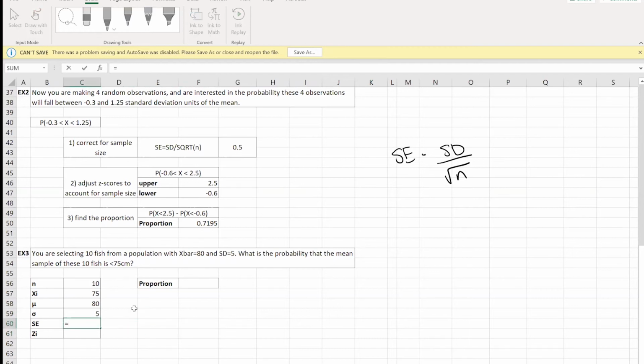Calculate our standard error, which is our standard deviation divided by the square root of our sample size. And our z-score is xi minus mu divided by, in this case, our standard error, not our standard deviation.